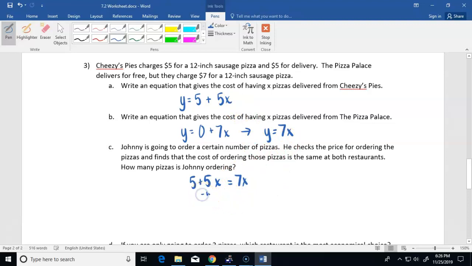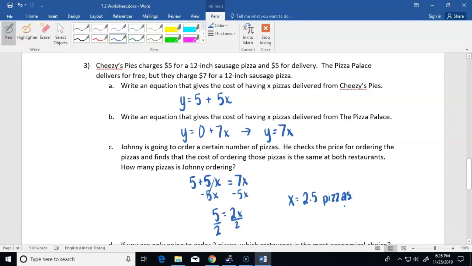And so we would subtract 5x, and so 5 equals 2x, and then we would divide by 2. And so x would equal 2.5 pizzas.